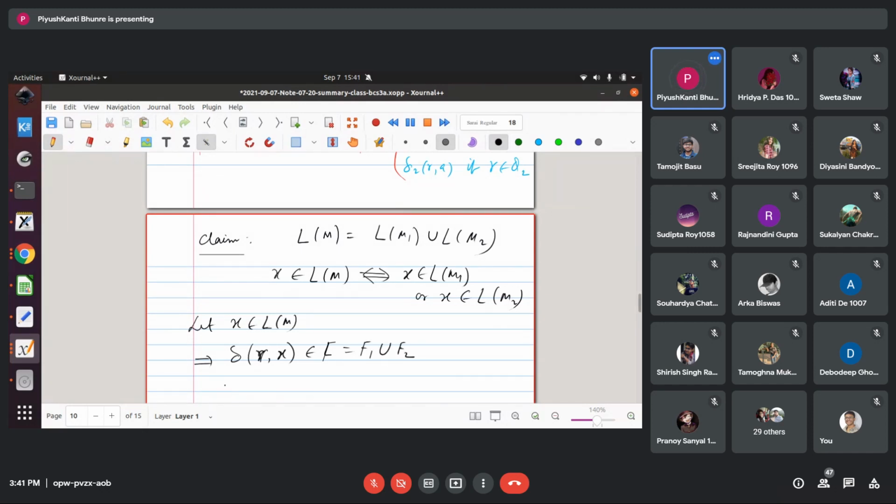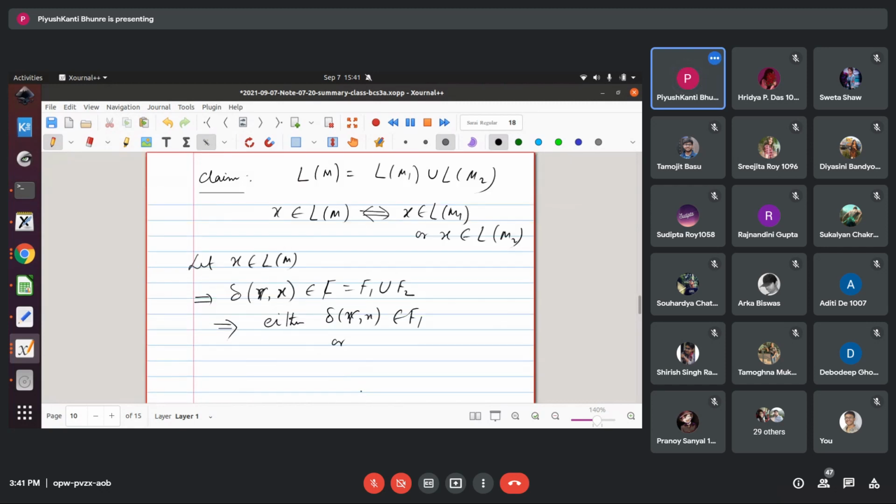This implies that either delta of Q0, X belongs to F1 or delta of Q0, X belongs to F2.